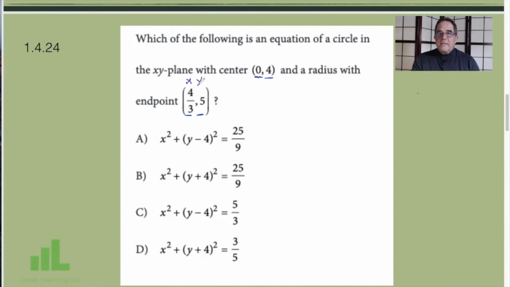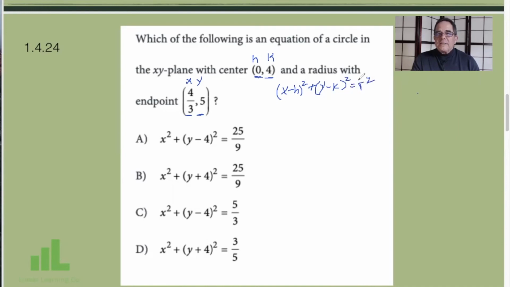An endpoint of a radius would be on the circle. The center is called (h, k). And we know the equation of a circle is (x minus h) squared plus (y minus k) squared equals the radius squared.